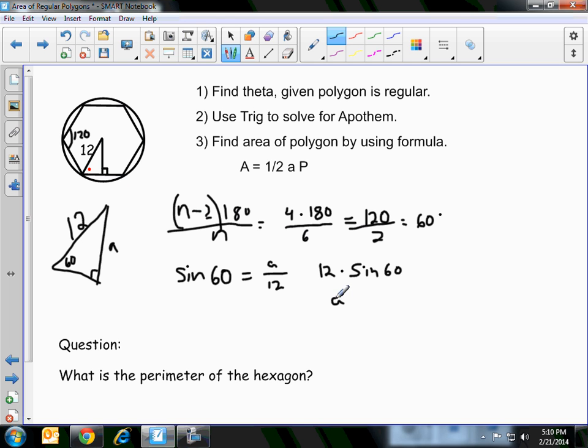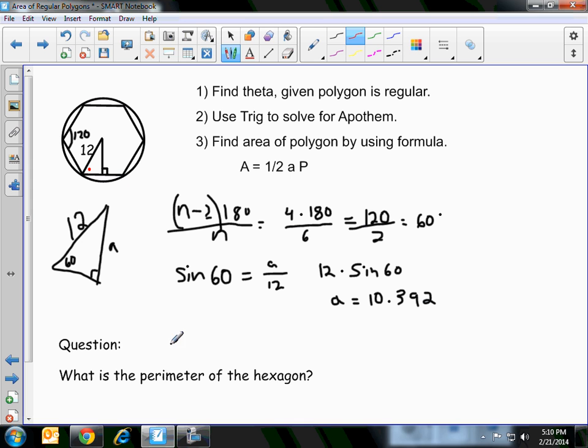I have my apothem given as 10.392. Again, I round to the thousandths place. The number after this is a 3, so I keep it as a 2. All right, so I have my apothem done. I also have theta done, and now I need to find the area of the polygon.